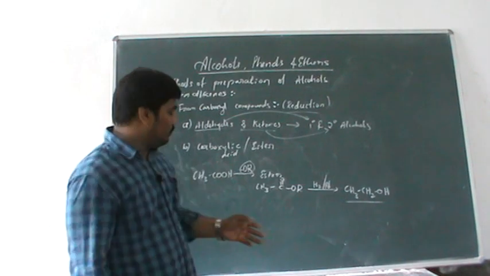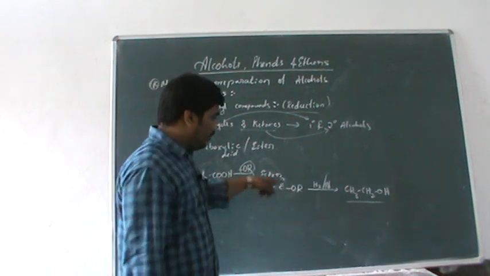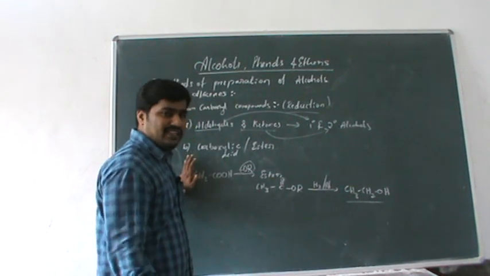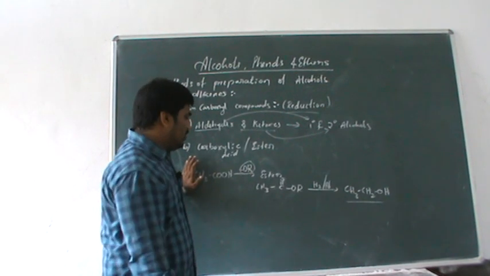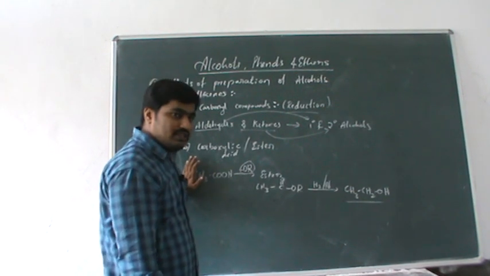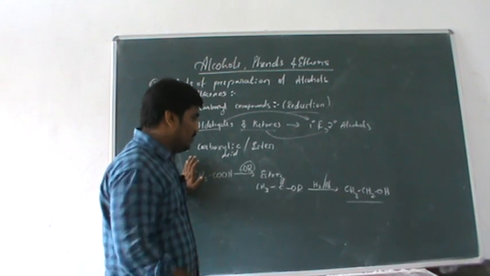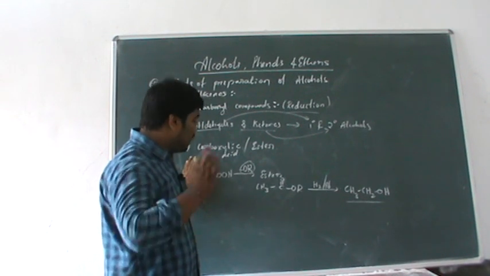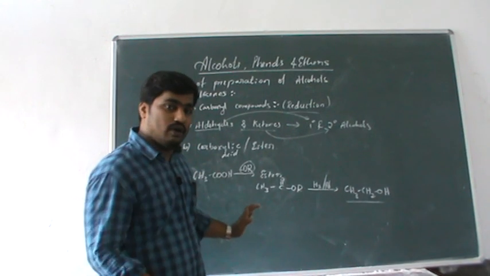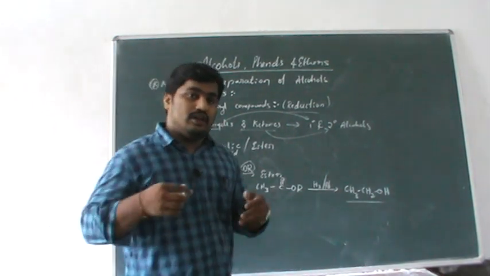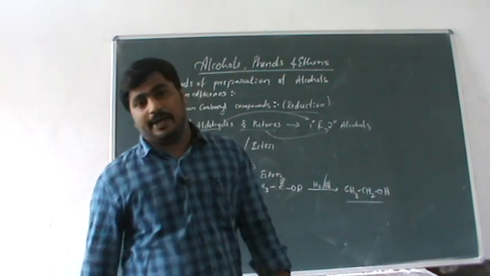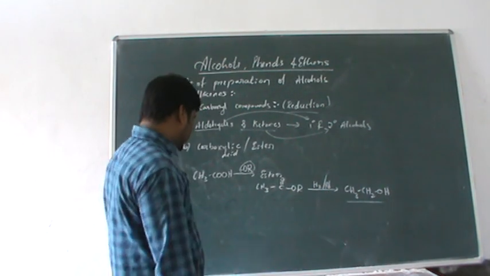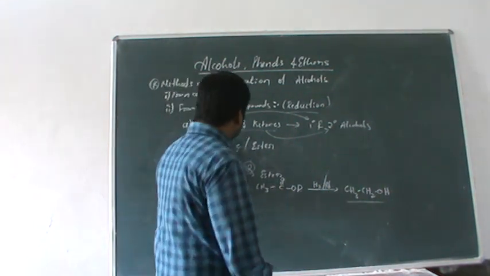This is an alternate way of preparation of alcohol from carboxylic acid. Please remember these things because in your exam there is a possibility of another type of question: prepare or convert carboxylic acid into alcohol without lithium aluminum hydride.